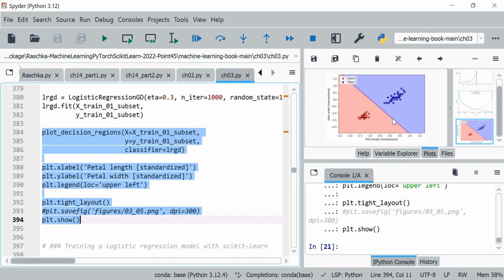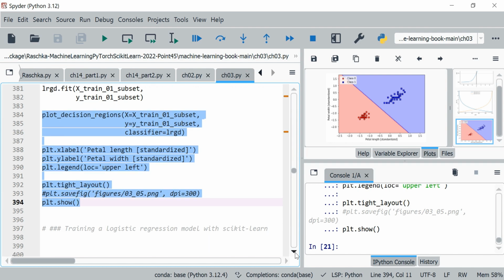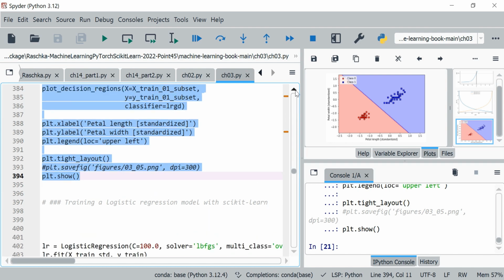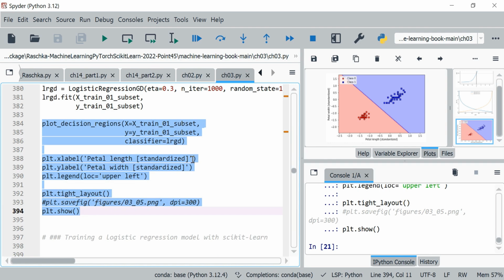So it says the model can predict the real points 100% correct.